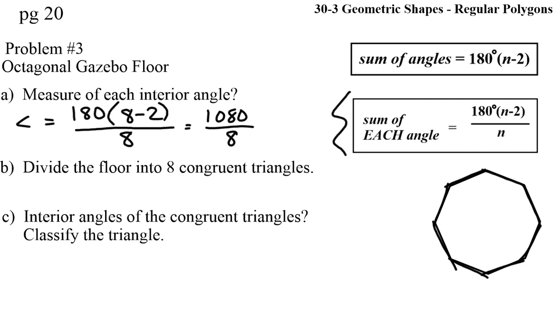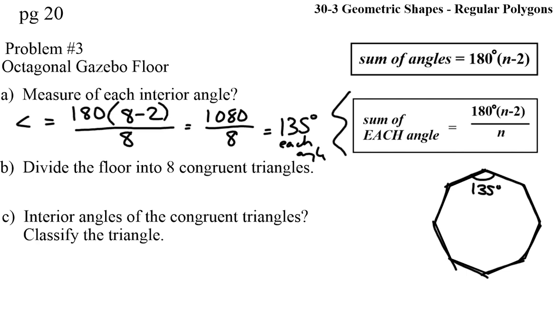We divide that by 8, because the total sum of the angles split evenly among 8 angles is 135 degrees for each angle. So we have a 135 degree angle everywhere.